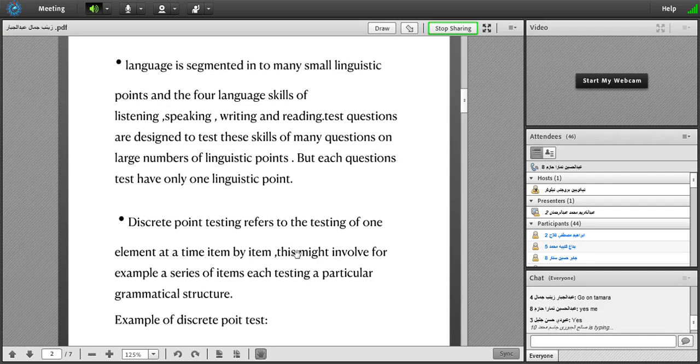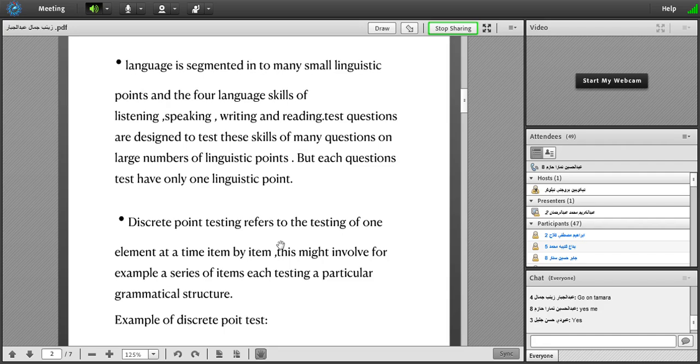So I'm going to give you the definition of the discrete point. Discrete point testing refers to the testing of one element at a time, item by item. This might involve, for example, a series of items each testing a particular grammatical structure.